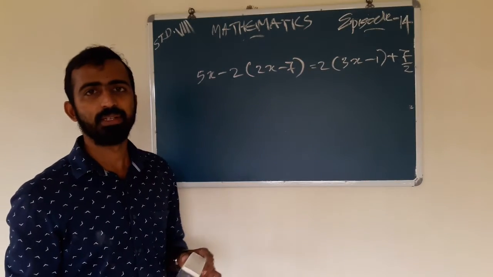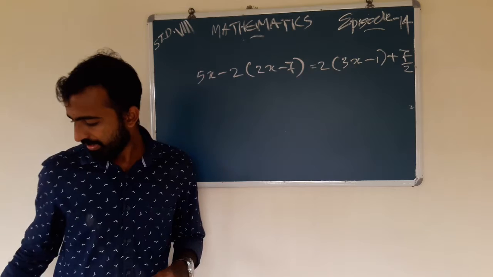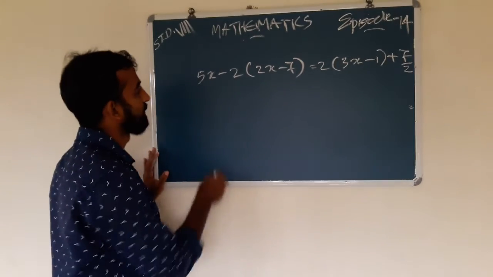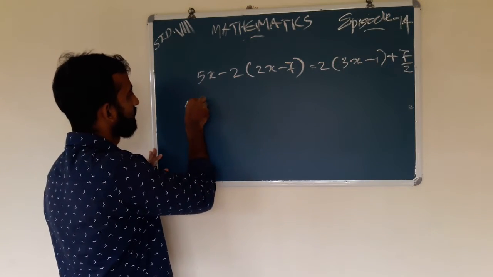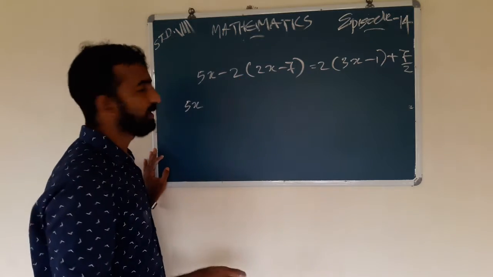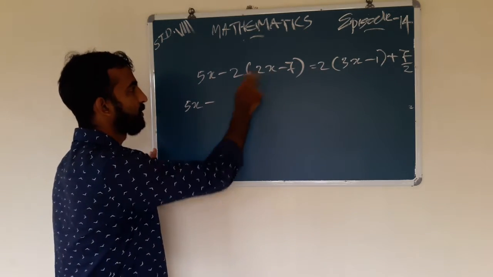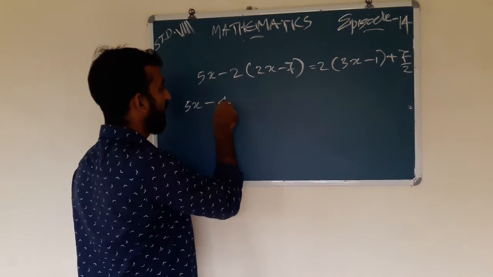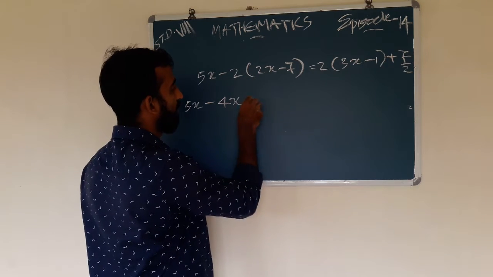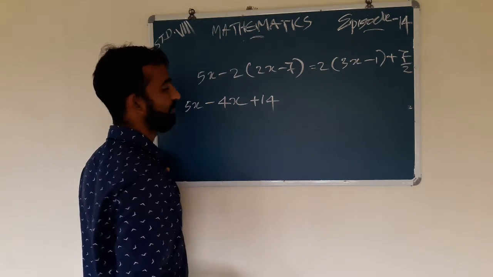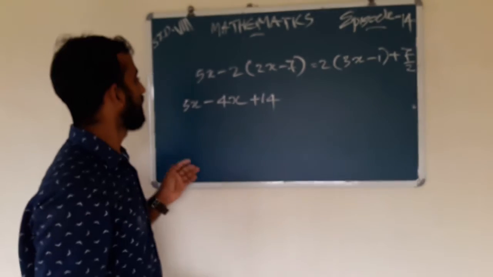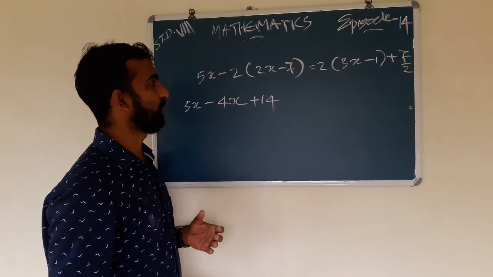Yes. That is, when we open the bracket, 5x minus 2 into 2x, 4x plus 14. Is it? 5x minus 4x plus 14.